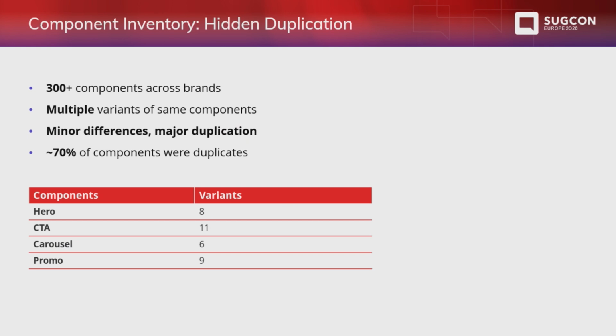As we did our inventory, we found, as Kiran mentioned, 300 plus components, multiple variants of the same component, some with little differences, some with big differences, and most of them were duplicative.